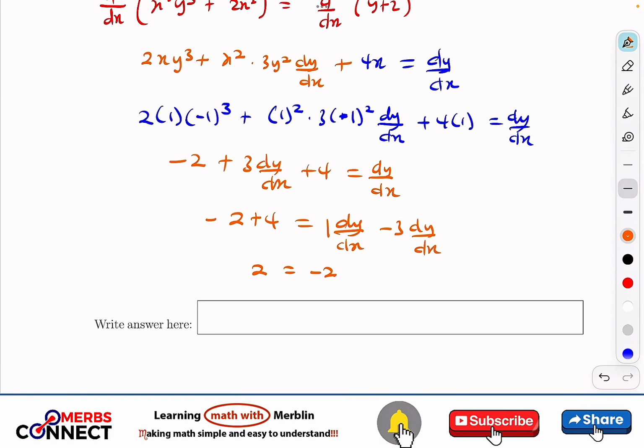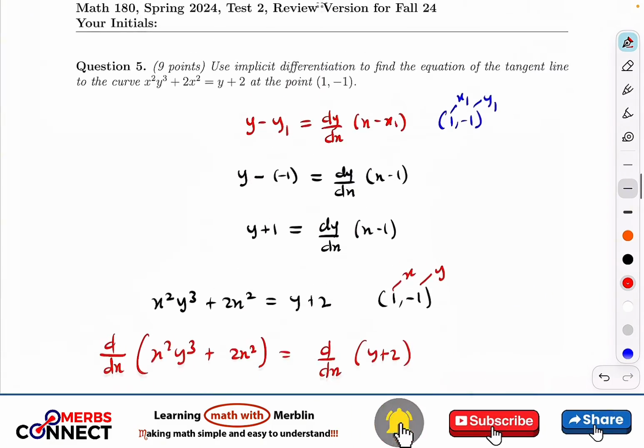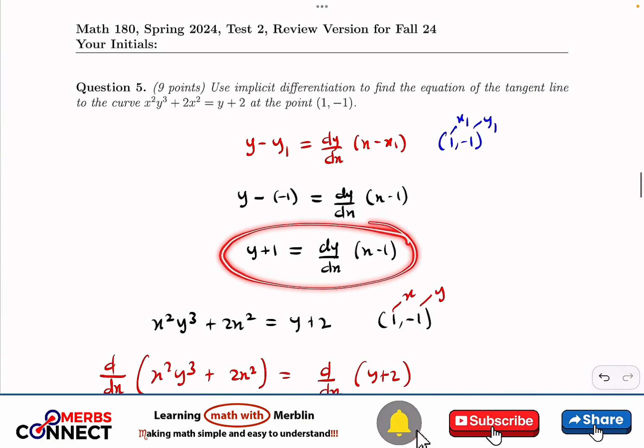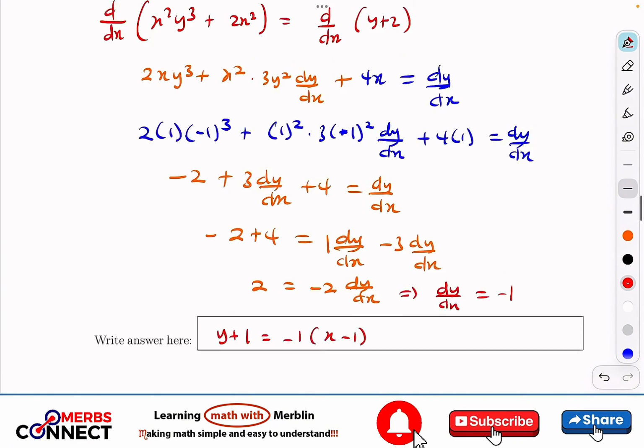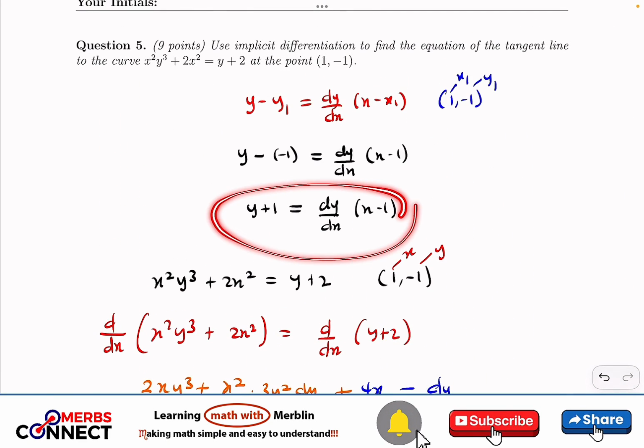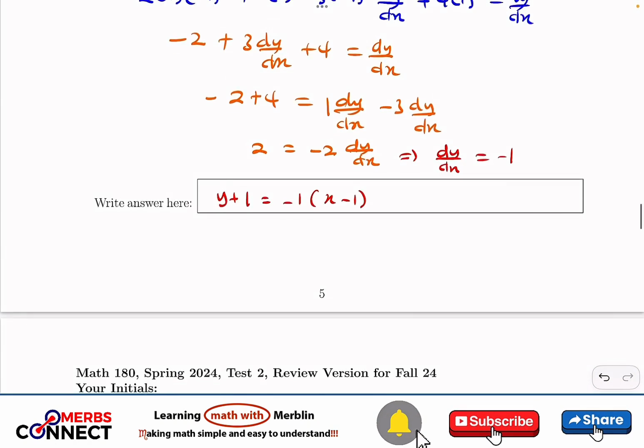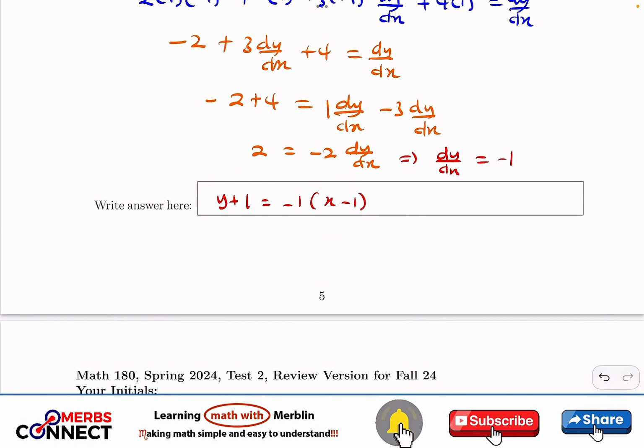So this is going to be minus 2 dy over dx. Then when you divide through by minus 2, this implies that dy over dx is equal to minus 1. So now we know that dy over dx is equal to minus 1. So let's write our equation. We are going to have y plus 1, which is equal to minus 1 times x minus 1. Is that right? Yes. So we just replace dy over dx by minus 1, and we have the equation of the tangent line right there.